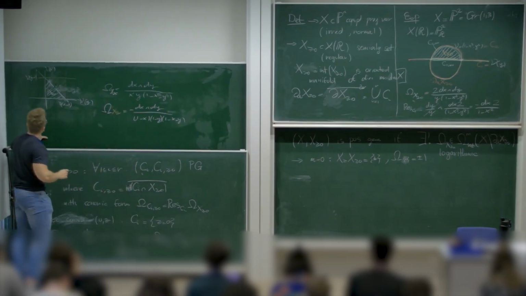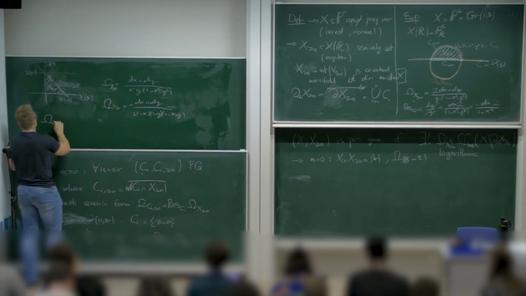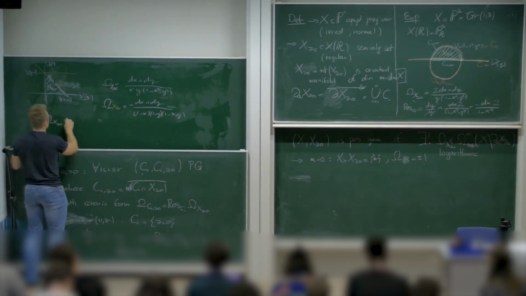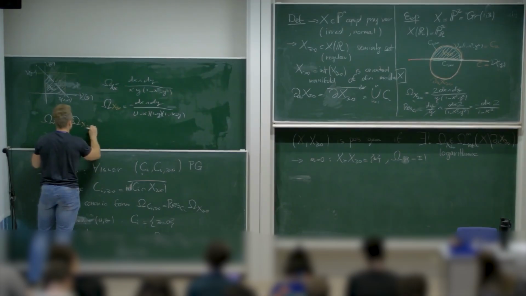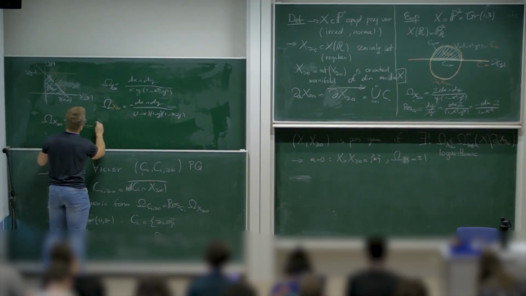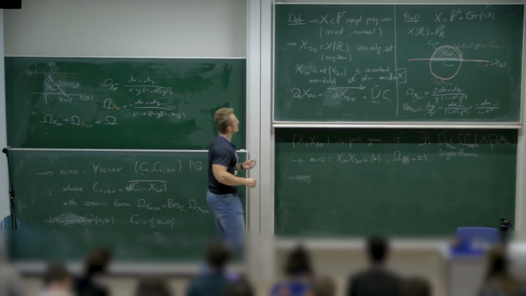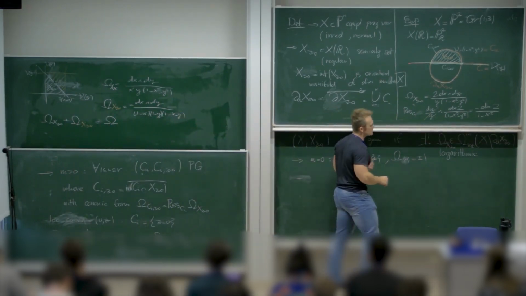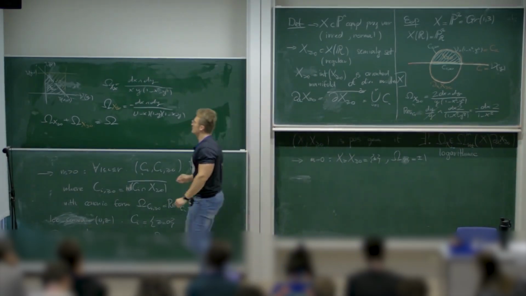And then the claim is that if you add them up, you get the form of a new semi-algebraic set, which is the union of the two. And it's this bigger quadrilateral.